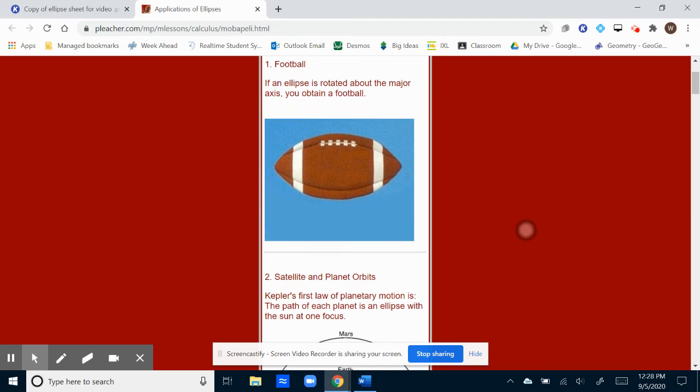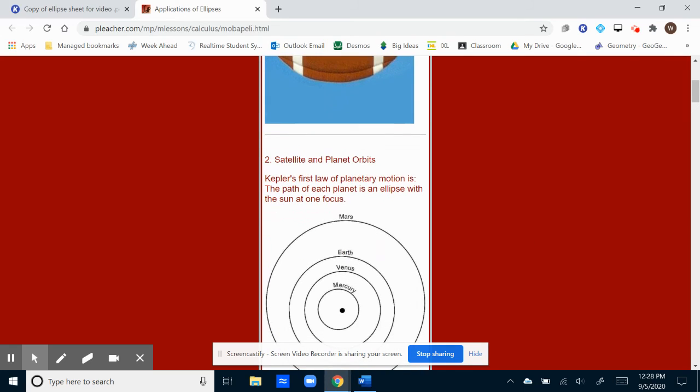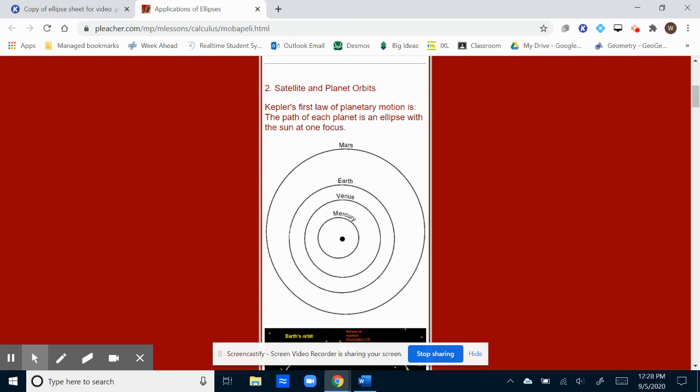Football might interest some of you, but I find the most interesting real world application of ellipses, because I know you're all going to ask, why do I need to learn this? When have I ever used this in real life? Well, planetary motion. You guys know the Earth orbits around the sun, and you might think that that orbit is a circular motion, but actually it is an ellipse.